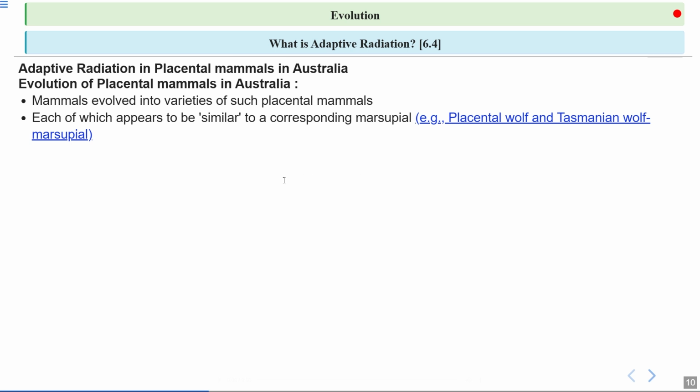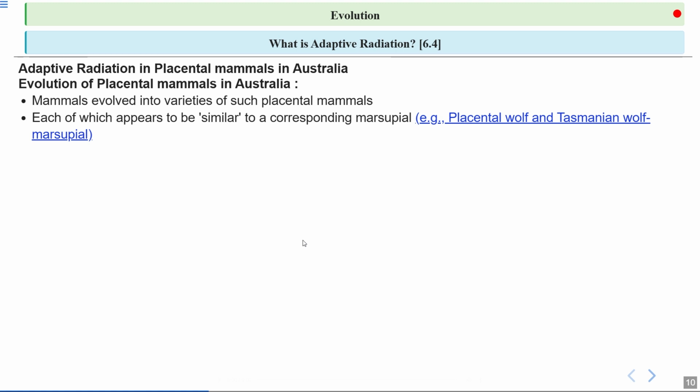For example, the placental wolf and the Tasmanian wolf, which is a marsupial. So what is happening here? These placental mammals are similar to the corresponding marsupial. The placental wolf is quite similar to the Tasmanian wolf.